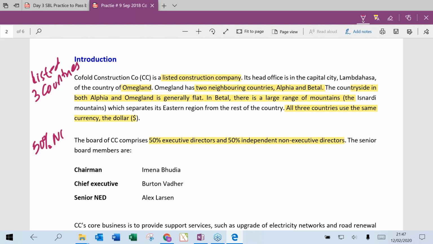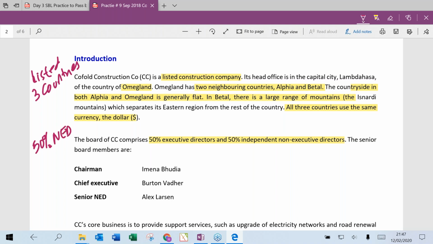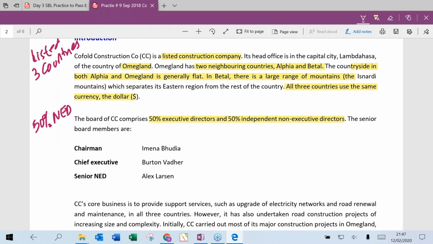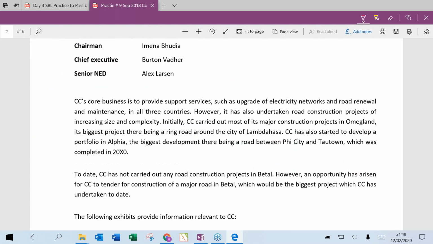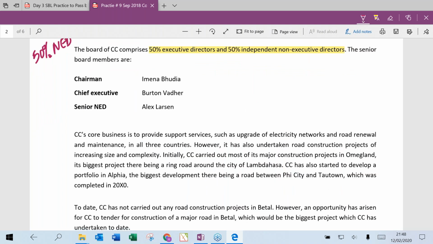The senior board members are Chairman Imena, Chief Executive Burton, and Senior NED Alex. Maybe I would like to use their names wherever possible if I'm drafting a report or something.